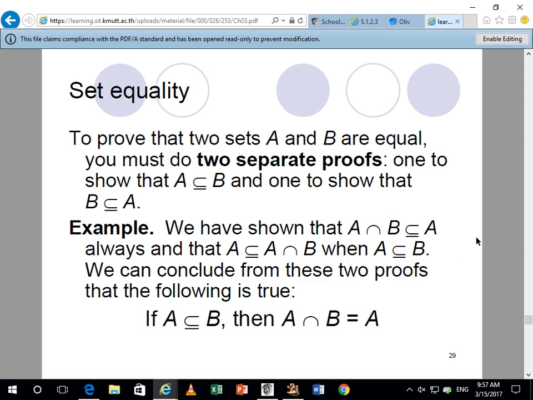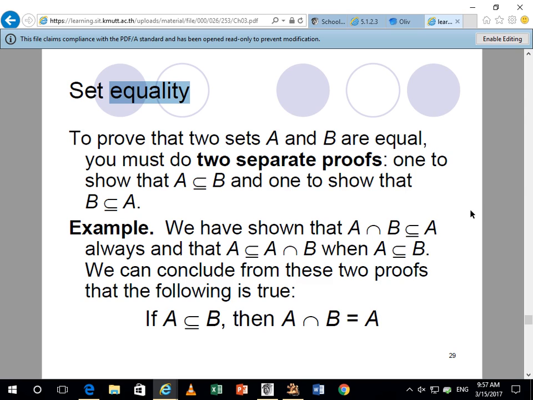So next, let's look at the concept of equality. Set equality. When are two sets equal? In order to prove that two sets, A and B, are equal, we need to have two separate proofs.